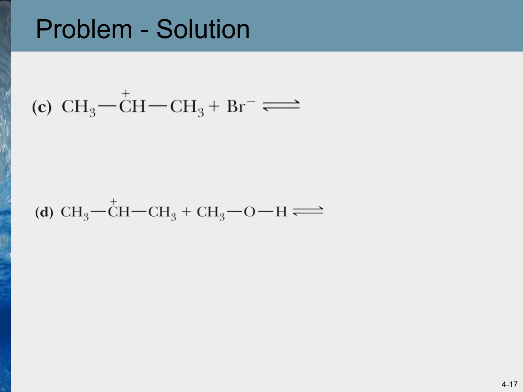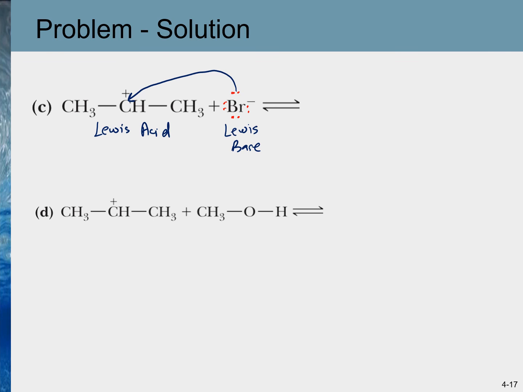So, in example C, we have another carbocation and it's reacting with bromide ion. Bromide ion, we know, has 4 lone pairs of electrons. So in this case, the electrons will be donated from the bromide. Because bromide is donating the electrons, bromide is a Lewis base, and the carbocation, because it's accepting the pair of electrons, is a Lewis acid.